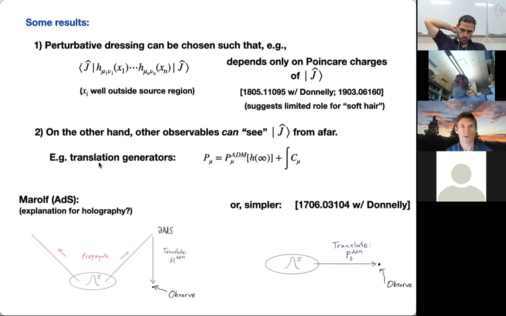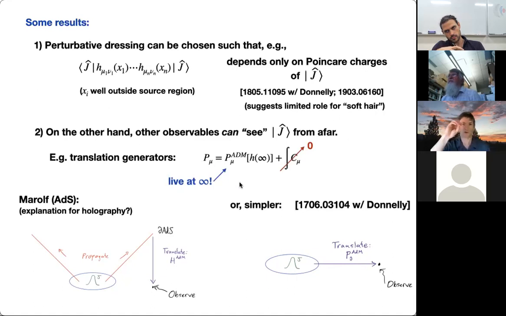And that comes from, well, you can understand that by looking at the translation generators. The translation generators in gravity can be written as surface terms, the ADM surface terms, plus an integral of the constraints. And so the statement is that if we've solved the constraints, set the constraints to 0, then the translation generators are operators that purely live at infinity. And so Marolf proposed an explanation for holography in AdS based on this.